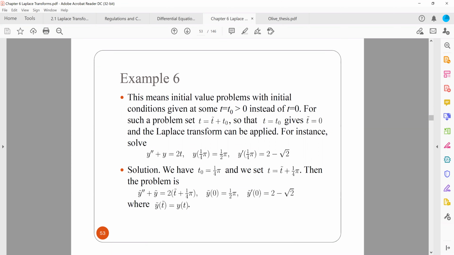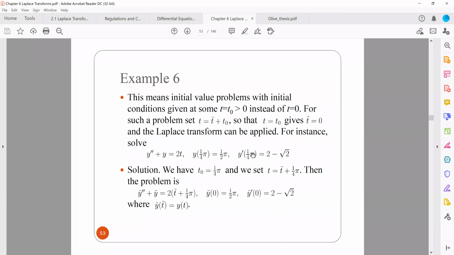So here we have an example where the initial value is at a value greater than 0. We have this differential equation, okay? And the initial value that we are given is y(π/4) = π/2, and then the derivative at π/4. So our initial value is a quarter pi.